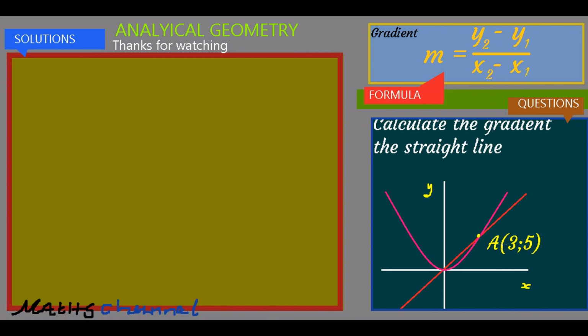So let's check this one. Here we're given 1 point. Where is the other point? We are not given the other point. So if you come across something like this, you see here it crosses where? At the origin. And the origin, we know that the origin is 0 and 0. They don't give you that point. If you come across a question like this, you must know that when it crosses here, the coordinate is 0, 0. So we have something like this.